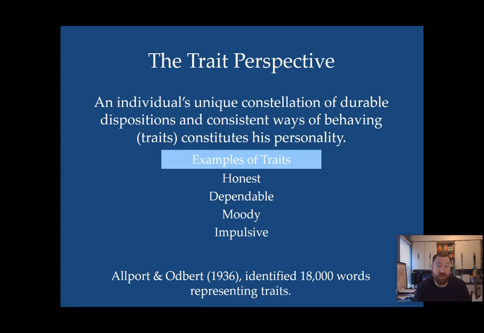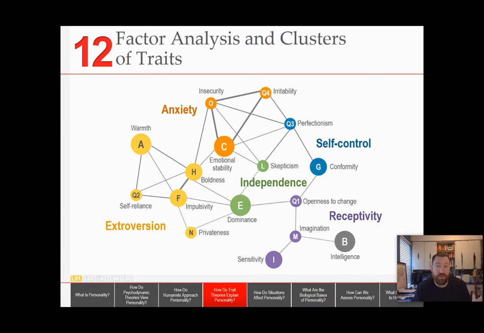So the first thing is we should get back to something that we talked a little bit about before, which was factor analysis. Contrasting the trait perspective with some of the earlier perspectives on personality, namely Freudian and humanistic, both Freud and Rogers developed their theories of personality based off of their patients. They were both clinicians, doctors, therapists.